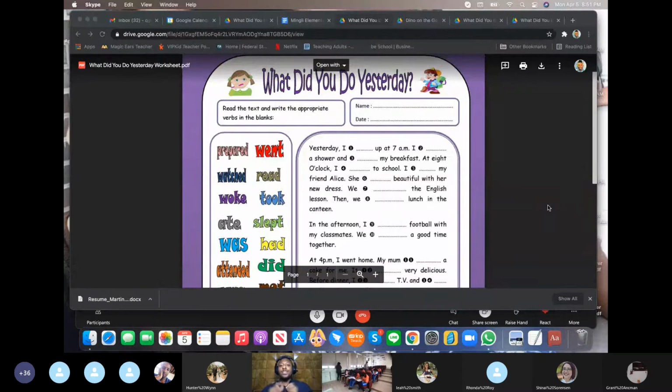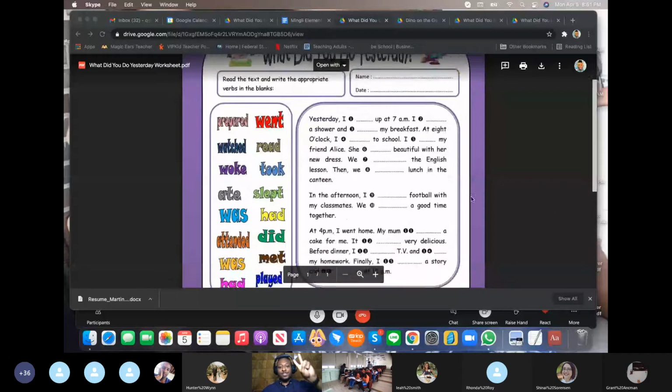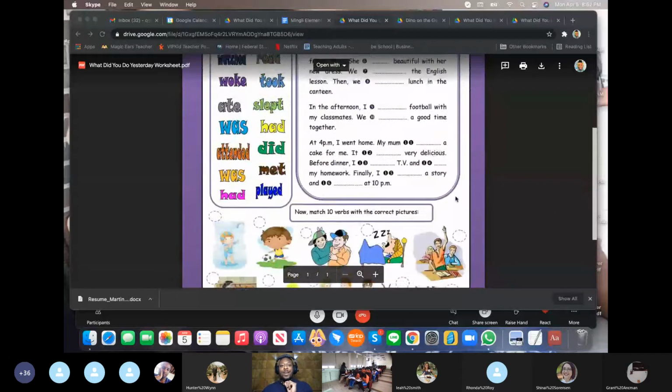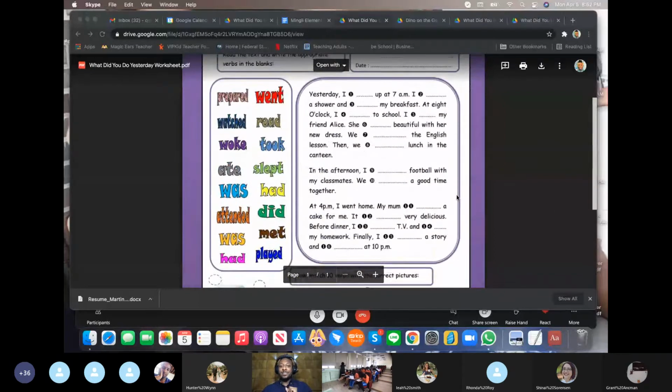Okay, so on this worksheet, we have two sections. The first section is a paragraph, like the one we did in your book. As you read the paragraph, you will fill in the blanks with the words on the left. There are several verbs here: prepared, went, watched, read.